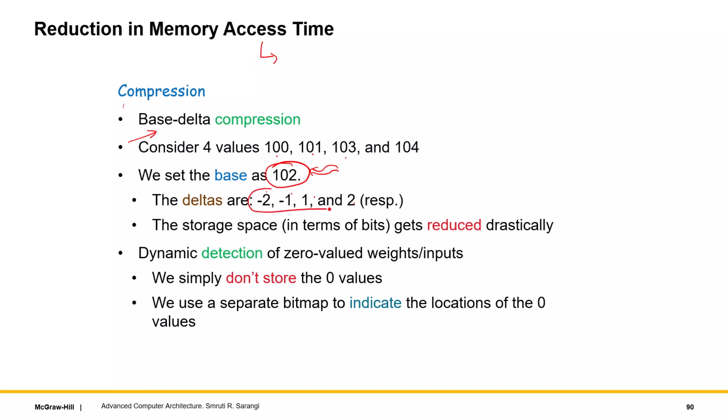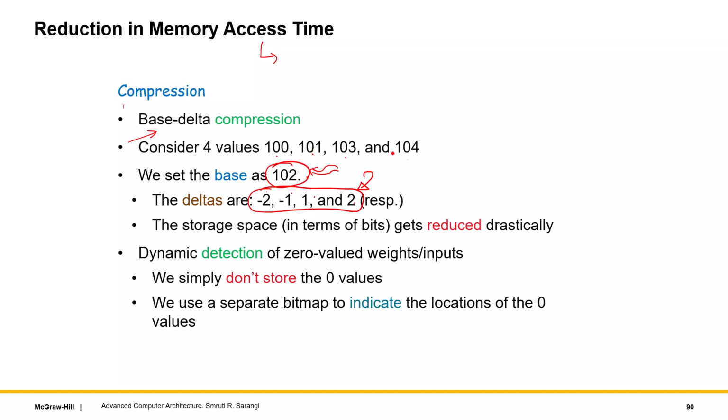So the total amount of storage space that I would use for storing them is very little. And when I'm accessing memory, all I need to do is read the base and then read these small values very quickly. So this is fast. Storage space gets reduced drastically, access time gets reduced drastically, at the cost of computation, which is to use these and recreate these values.